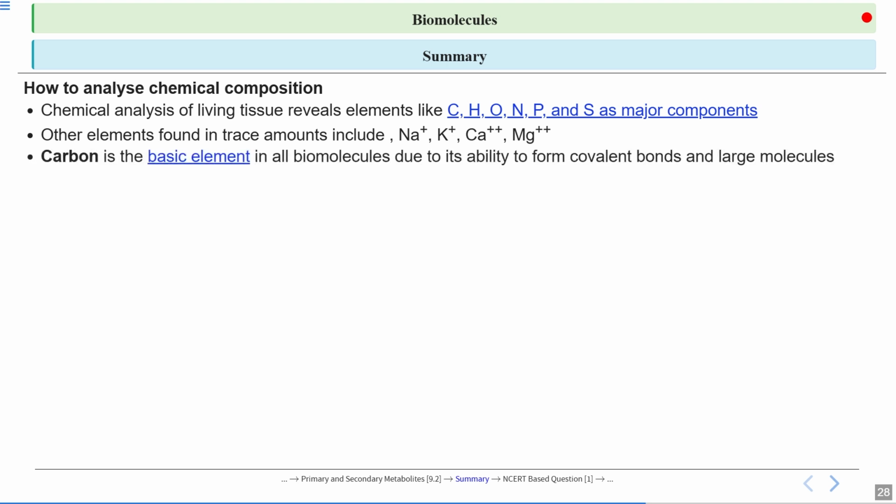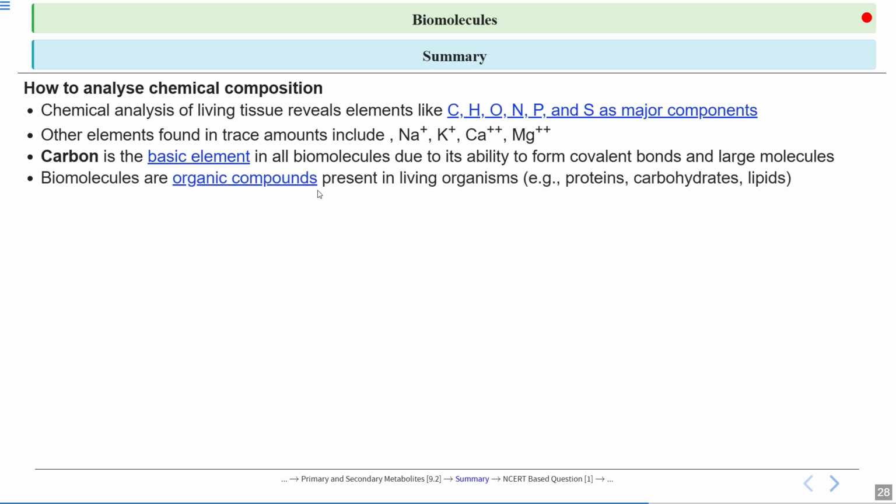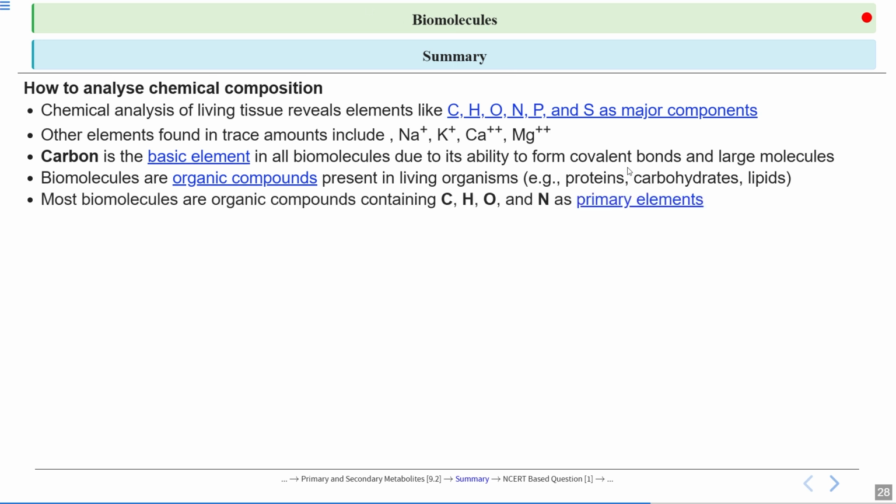Carbon is the basic element in all the biomolecules. Biomolecules are your DNA, proteins, carbohydrates, lipids. So carbon is the basic element here. Then you have oxygen and hydrogen also. Biomolecules are organic compounds present in living organisms, for example, proteins, carbohydrates, and lipids.